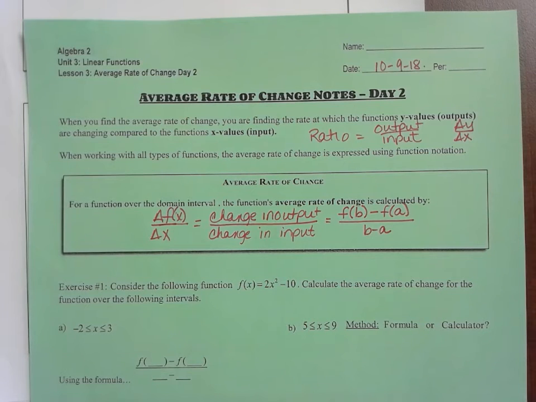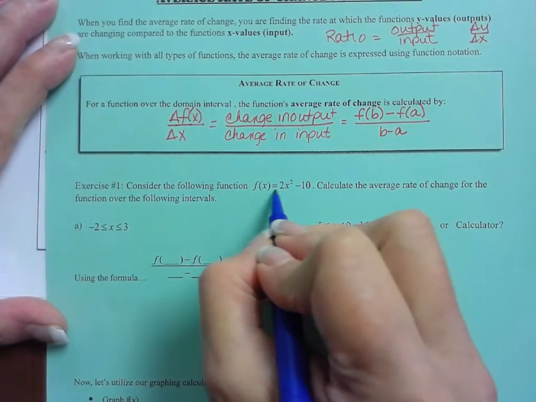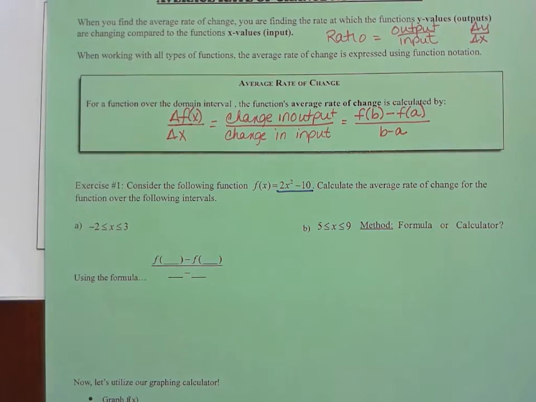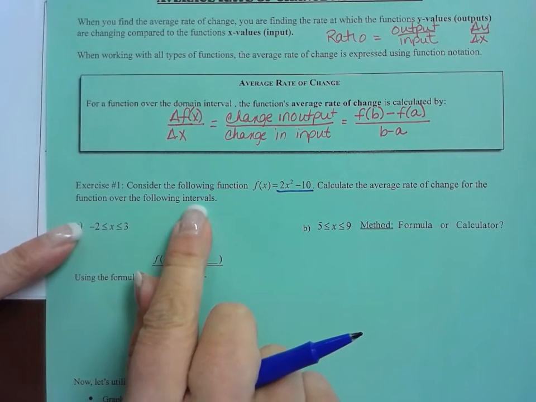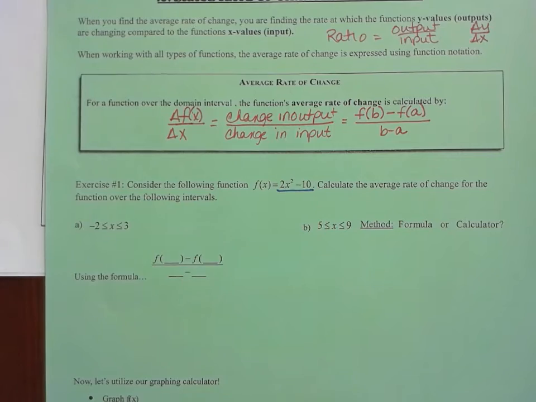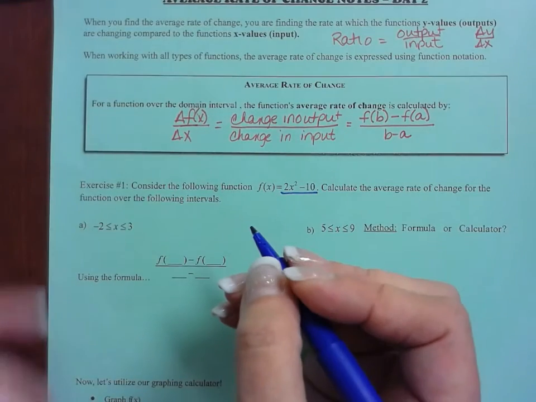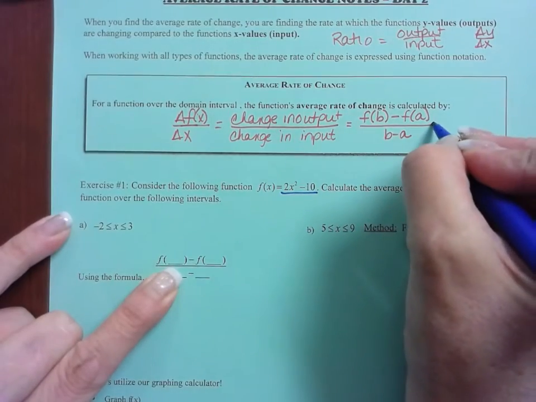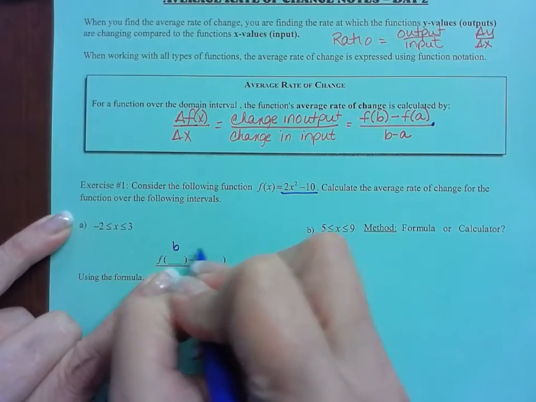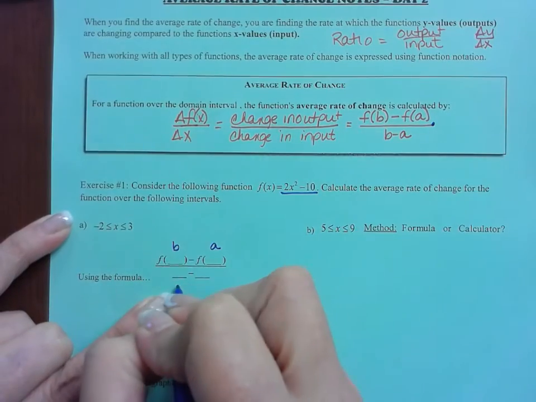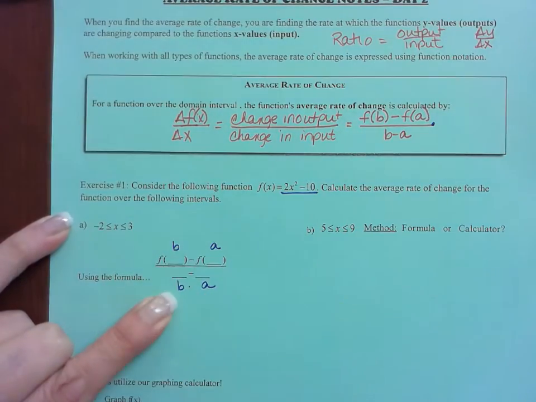So when we have a function in an equation, we want to calculate the slope over this interval. What do you need to calculate your slope? Basically, your y's and your x's. So we're going to use the formula f of b minus f of a over b minus a.